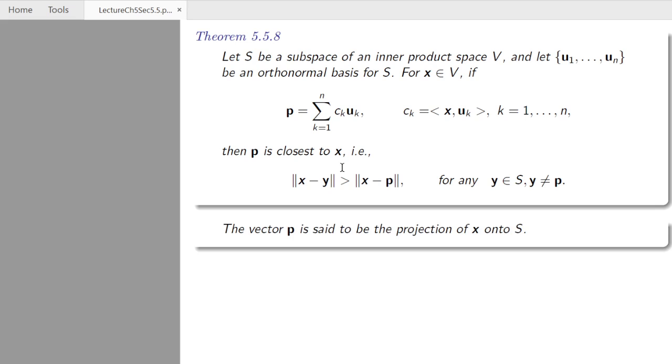Now the proof of this is really simple. In this case, we call the vector P the projection of X onto the subspace S.